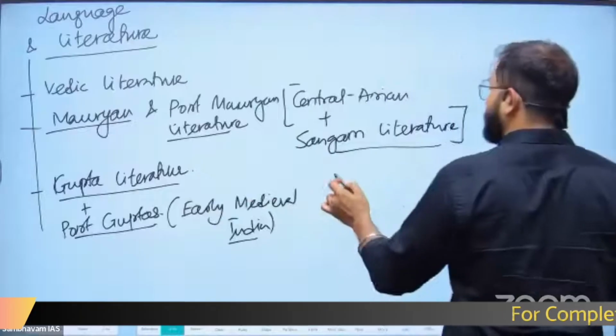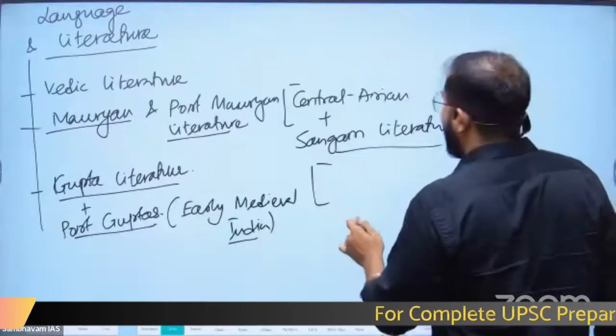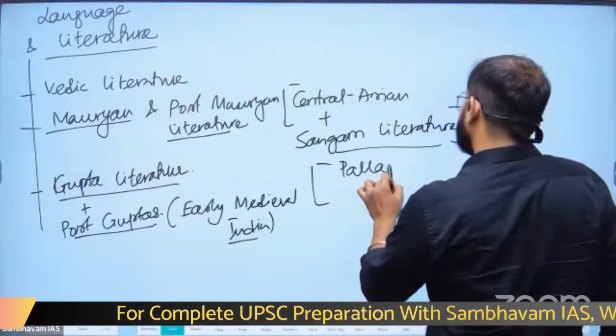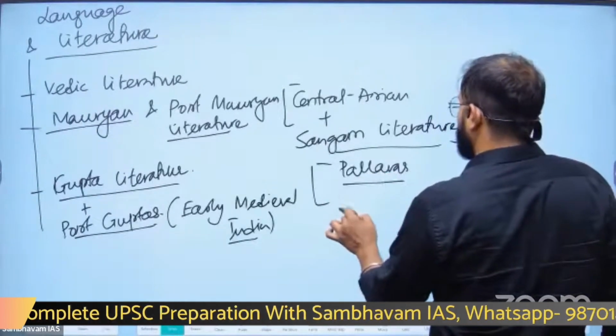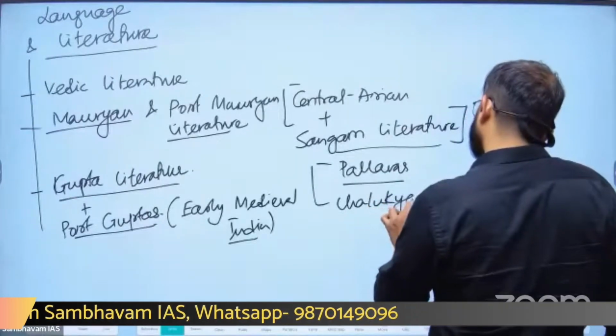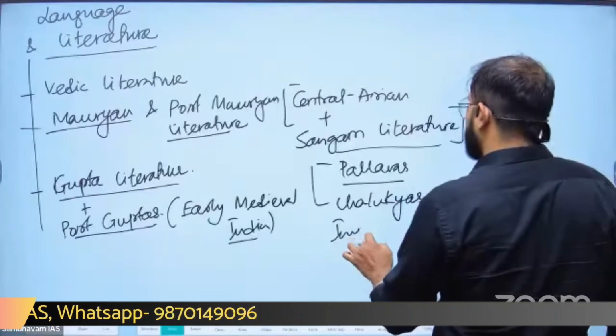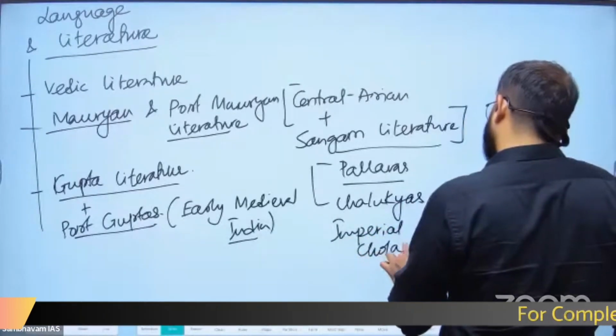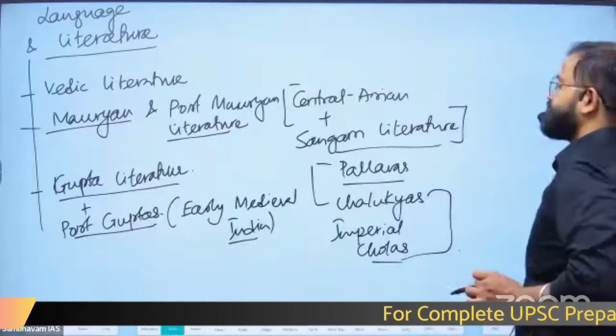Also, simultaneously in southern India, there is the period of the Pallavas, the Chalukyas, and imperial Cholas. Literature produced during this period, if any.